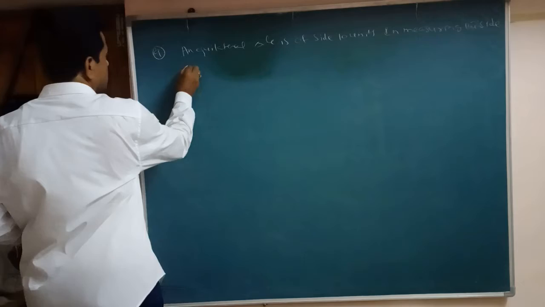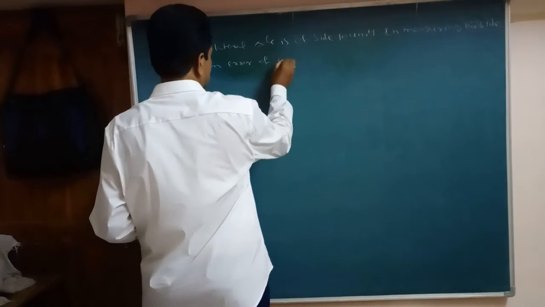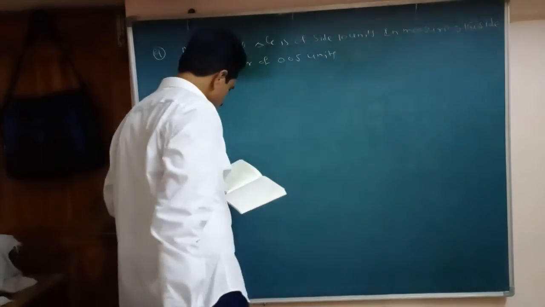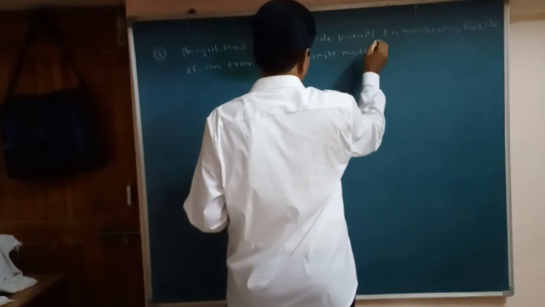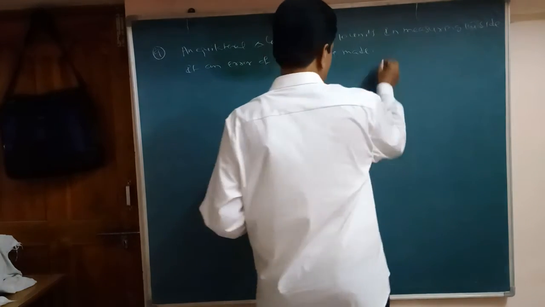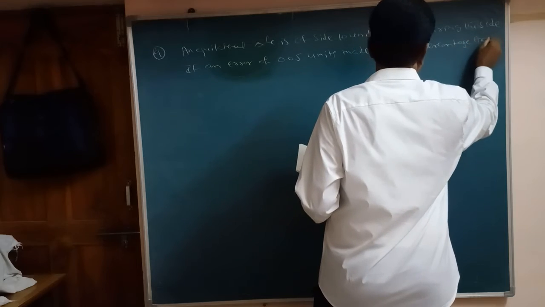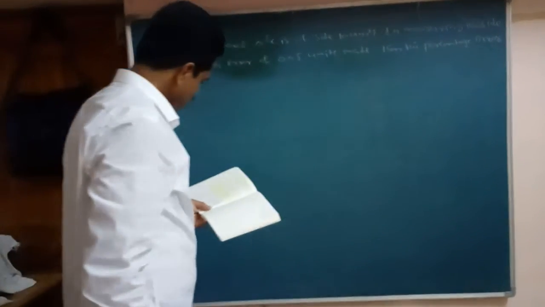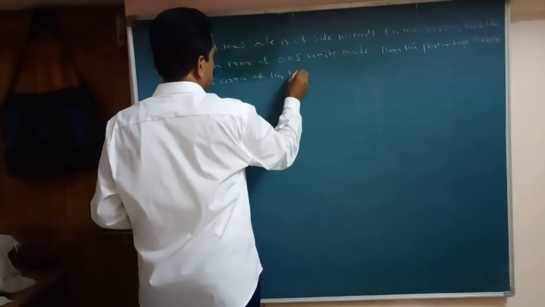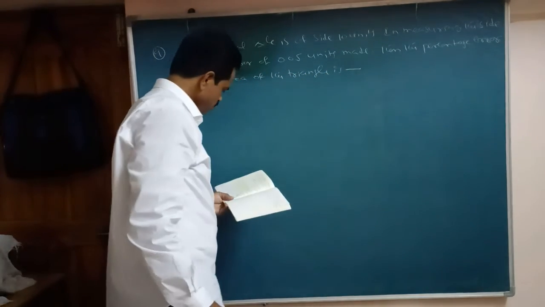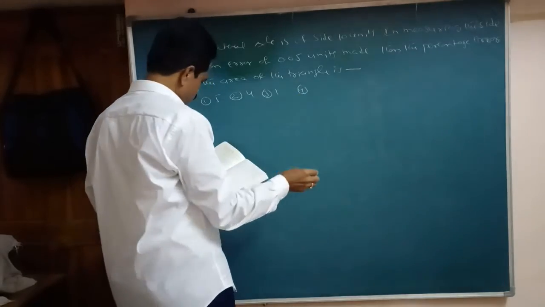If an error of 0.05 units is made in measuring the side, then the percentage error in the area of the triangle is: first option 5, second one 4, third one 1 and fourth one 0.5.